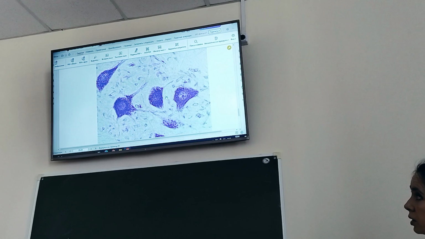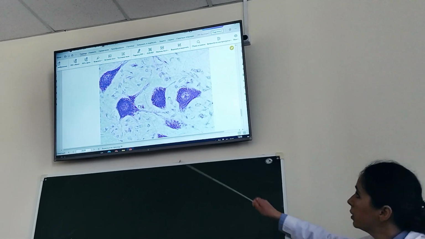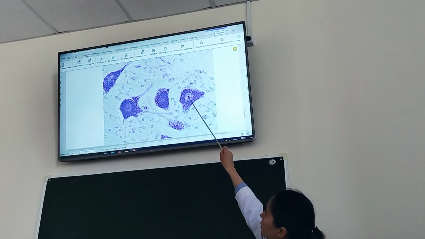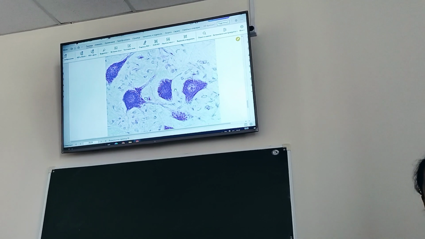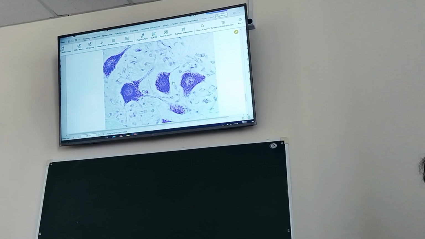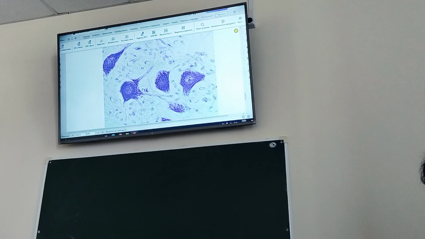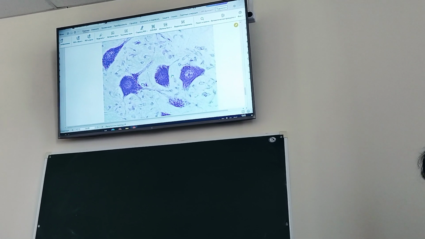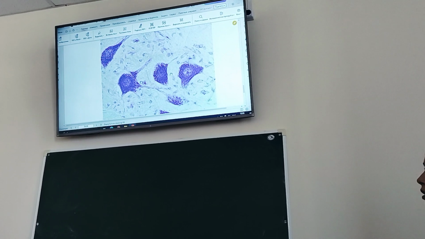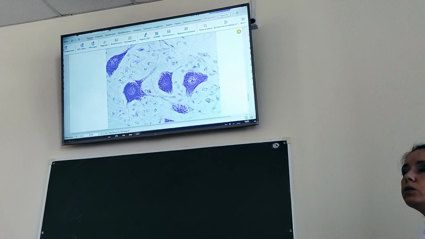I can see cells with a rounded cell body, a large euchromatic spherical nucleus, the cell body or perikaryon, and extending processes, dendrites. Due to Nissl stain or toluidine blue, I can observe chromatophilic substance or tigroid.